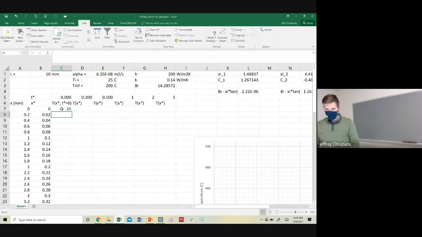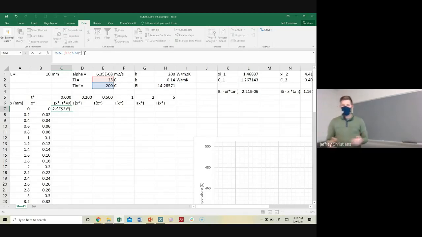Okay, so that is our multiplication factor times, and now this is where we put in our infinite sum. So it's going to be C1 times the exponential of minus this guy squared times T, our dimensionless time, times the cosine of this times our dimensionless position.